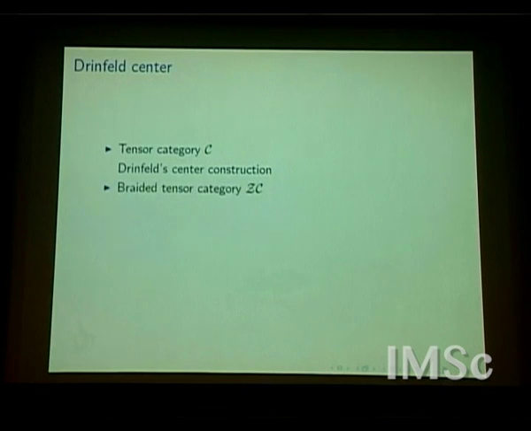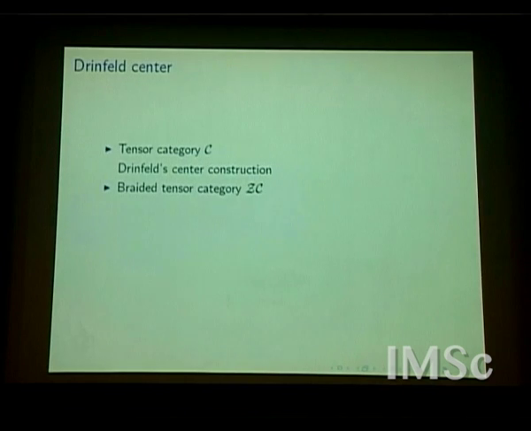Let me shift to a different topic, the Drinfeld center, which was happening in category theory. So what is the Drinfeld center? You have a tensor category C, with objects and morphisms, and you can fuse two objects and so on. Drinfeld has this center construction of the category C, which we denote by ZC, which is a braided tensor category.